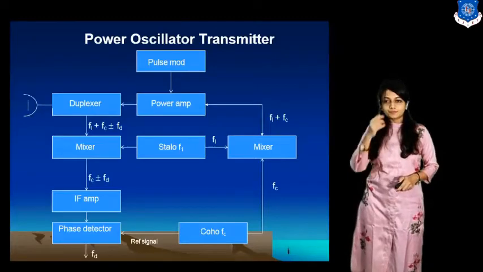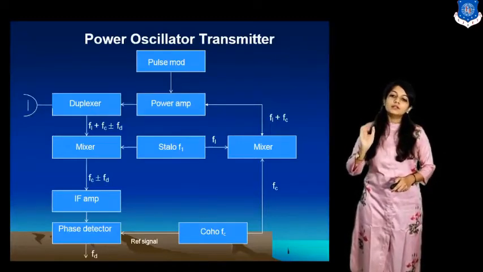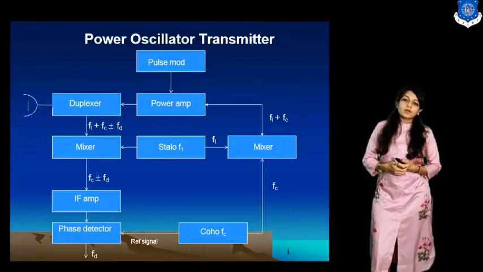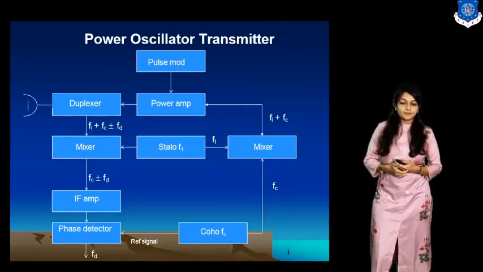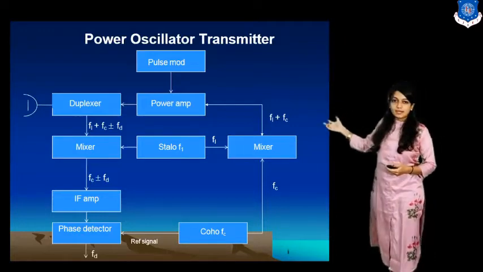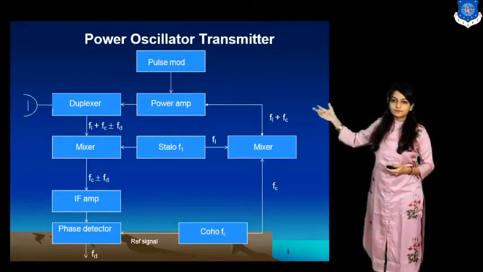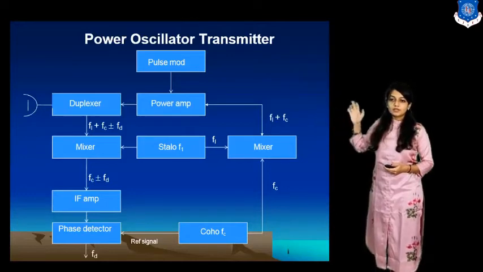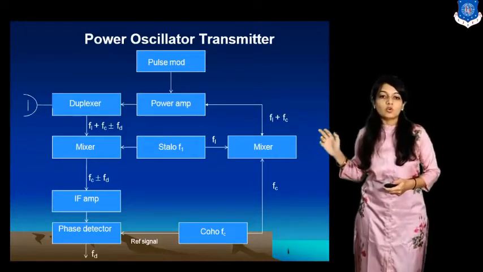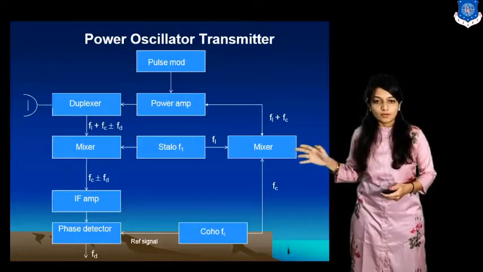Alright? So the power oscillator transmitter will basically be on the transmitting side over here. Alright, so this is the same block diagram that we have already discussed for the coherent MTI.